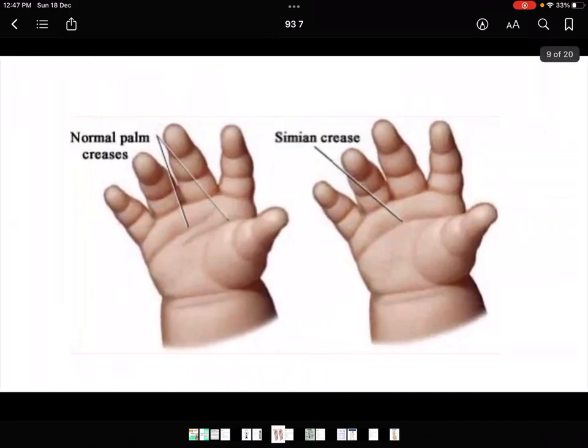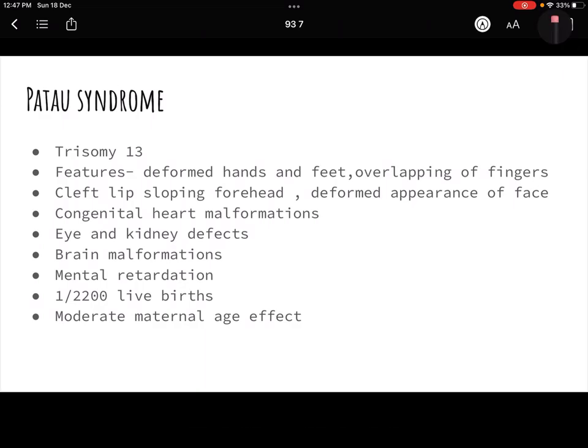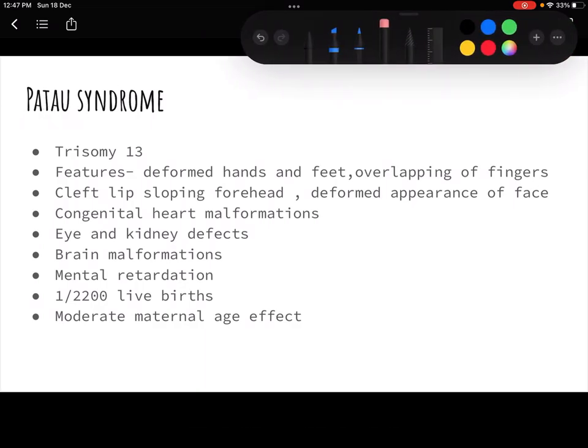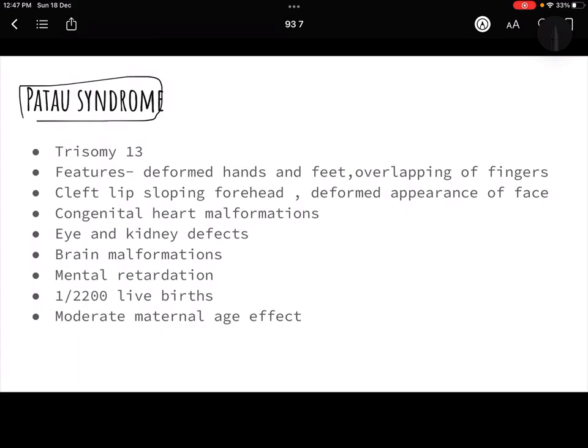Now let's go to the second one, which is the Patau syndrome. Okay. Now in Patau syndrome, there is trisomy number 13. That means in the 13th chromosome there is trisomy.